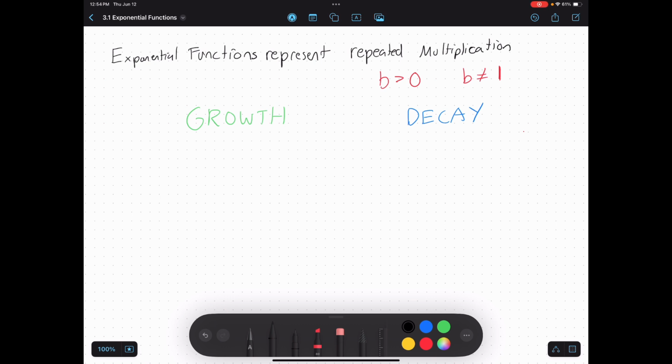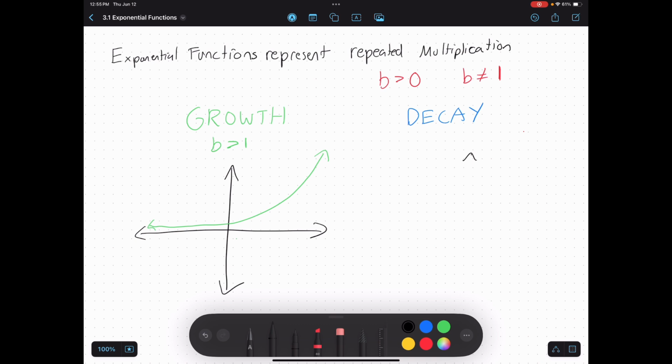Well, in order for that to be true, your base has to be greater than 1. Right? If I multiply a number by 2, the value is going to get bigger. If I multiply it by anything greater than 1, that value is going to get bigger, which gives me a growth function. If I were to graph a growth function, I end up getting something like this, where it's always growing, but as my x value gets bigger, it starts growing faster and faster.